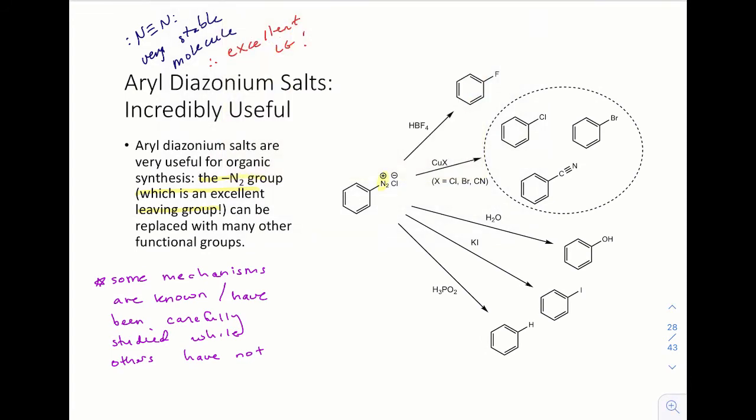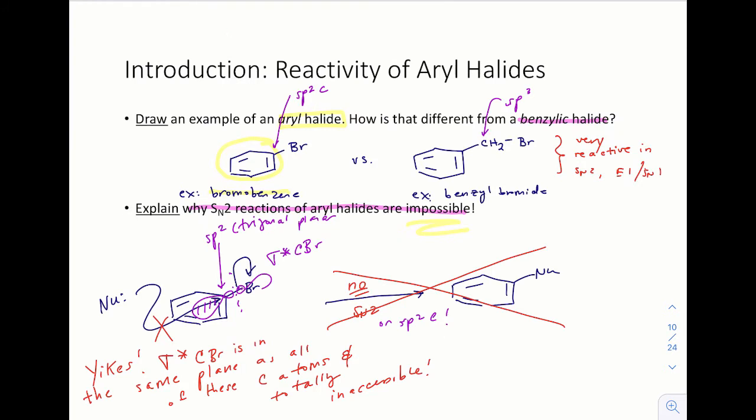All of these reactions are overall substitution reactions occurring at the carbon that bears the diazonium group. I would like to briefly remind you of a conversation that we had during the nucleophilic aromatic substitution lesson. We talked about aryl halides, and we said they do not undergo SN2 reactions, right?